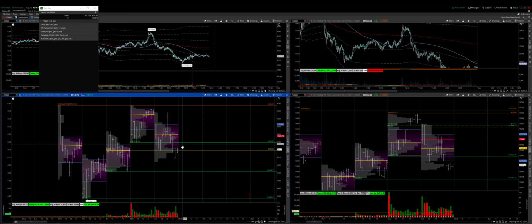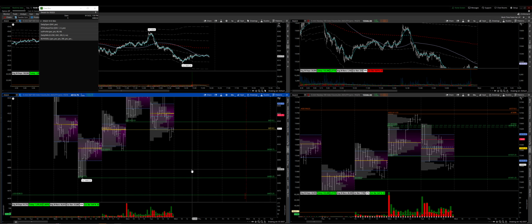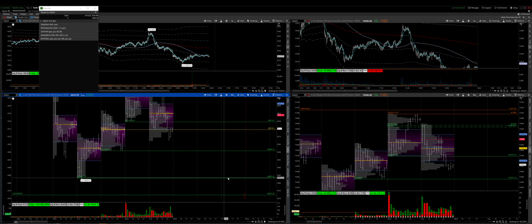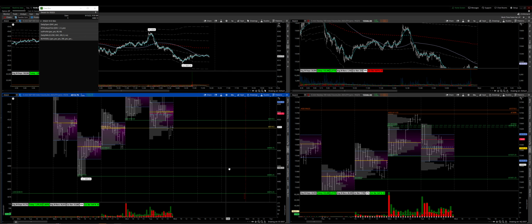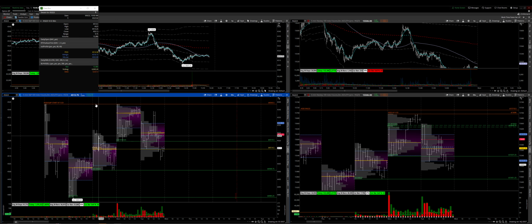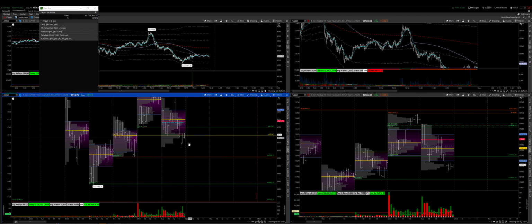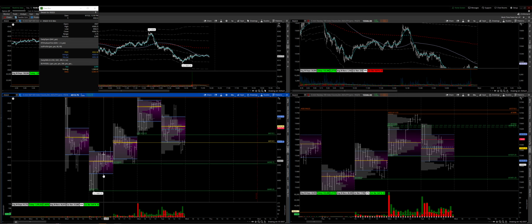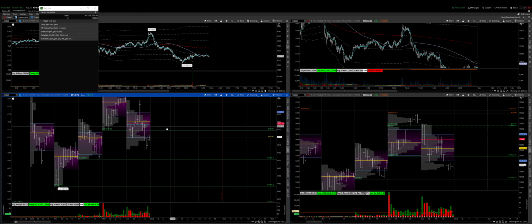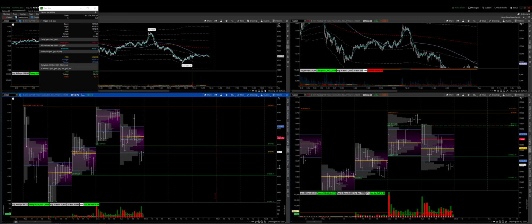Don't take it out and roll over and begin to rotate back towards the other end of the balance, where we'll test potentially in the future the 83.25 level, and then below that we would be breaking out of balance, right? So if you can't take out the upper range of the balance, then you look to rotate to the other end of the balance, right? You just keep ping-ponging inside of here until there's enough data or enough momentum one way or the other to break out.